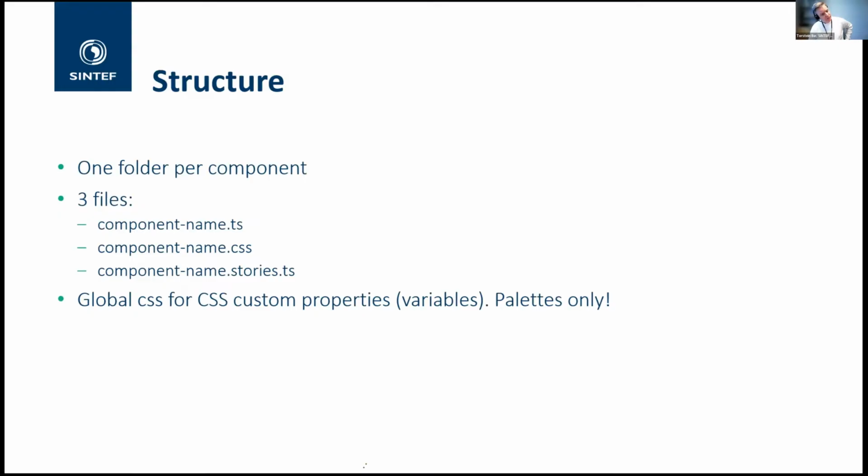In the previous implementation, we made one large CSS which all components used. That we have abandoned this time. Now it's rather one CSS per component, and the global CSS should only be used for palettes and color variables.